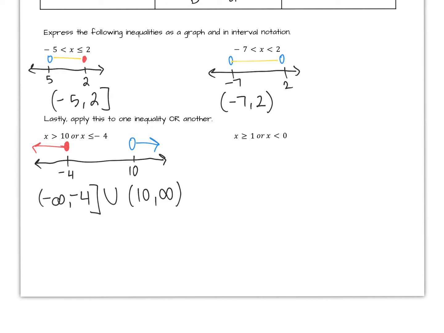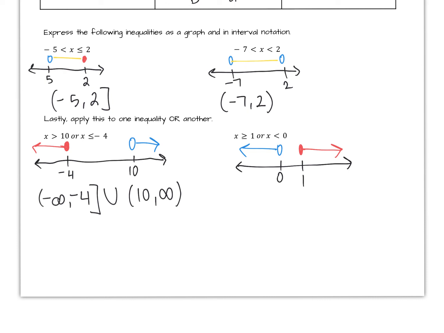Our last example, we're looking at x greater than or equal to 1 or x less than 0. So we have 0 and we have 1. So if x is greater than or equal to 1, closed circle at 1, everything to the right. And if I'm less than 0, that's an open circle at 0 and everything to the left.